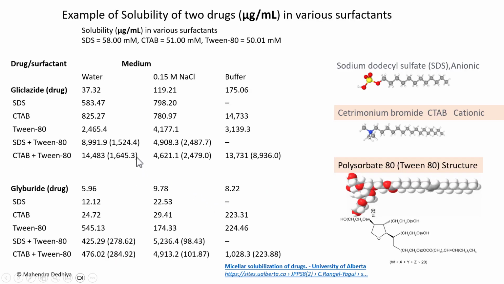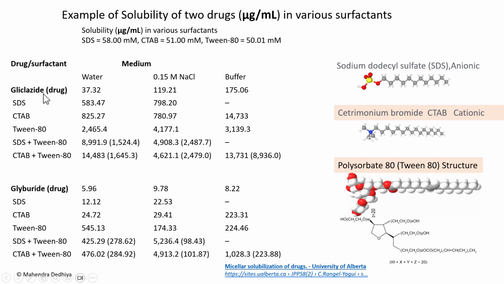Example of solubility of two drugs in various surfactants are shown. Surfactants are SDS, sodium dodecyl sulfate, CTAB, cetrimonium bromide, that's a cationic, and polysorbate Tween 80, which is a non-ionic.